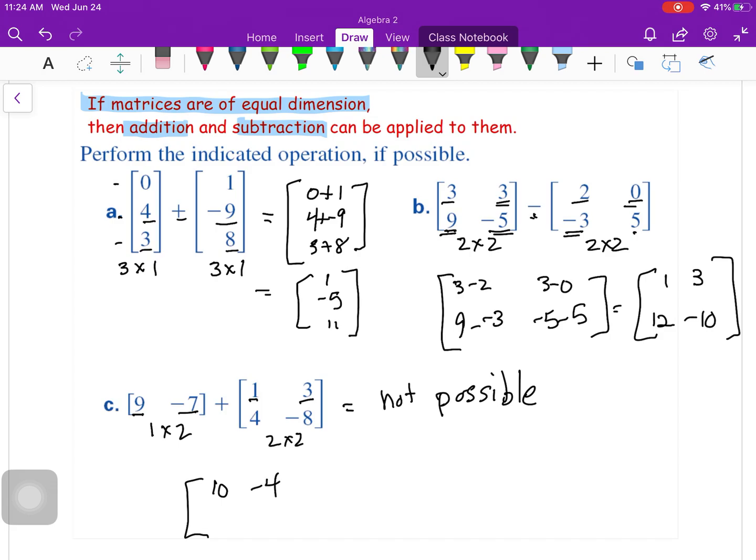Row 1, column 2 plus row 1, column 2, I would get negative 4. But now, there is no element in row 2 because there is no row 2. So it leaves me empty-handed. This is empty. So I have no value to add to my 4. So that is why it is not possible.